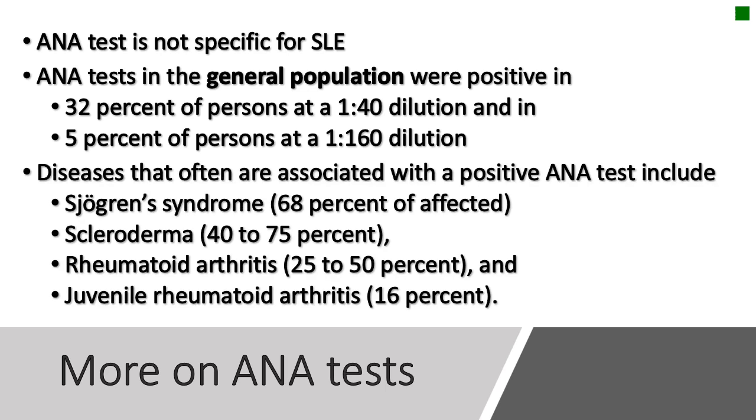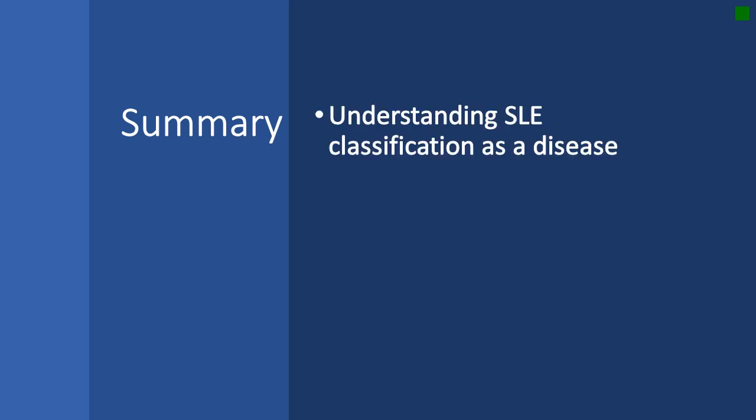Also, there are many other diseases like Sjogren's syndrome, where 68% of the affected people will test positive, scleroderma, rheumatoid arthritis, and juvenile rheumatoid arthritis. So it is not just a test for this, it's just testing one element which could be associated with many other diseases. That is why the concomitants or the comorbidities are so important when you are handling a case such as this. So I will just summarize the points that we have gone through.